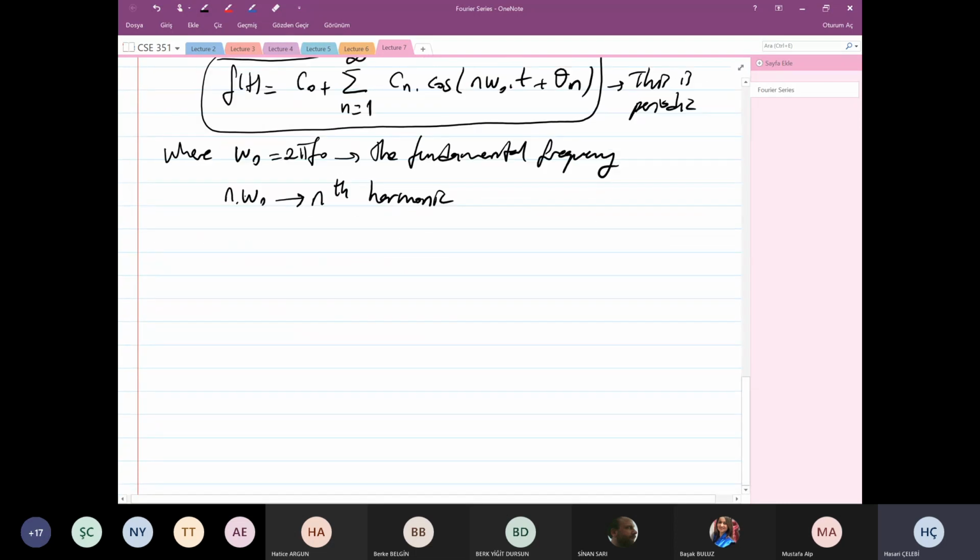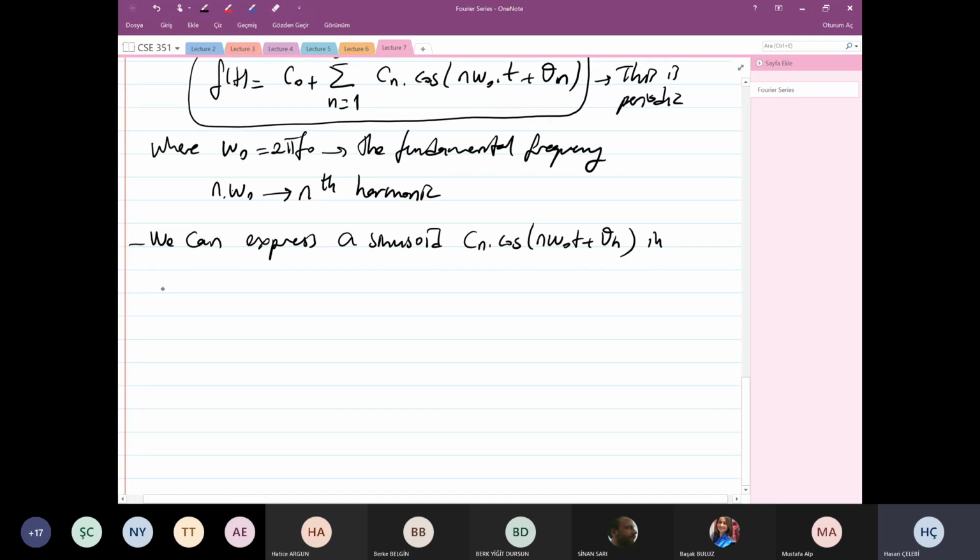Remember, guys, from your trigonometry knowledge, we can express a sinusoid, which was cn times cosine n omega 0 t plus theta n, in terms of sines and cosines.